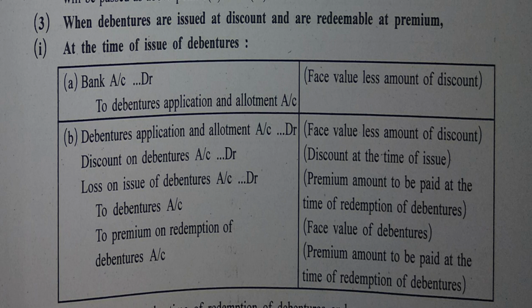I have explained this topic and we have also solved an illustration about the same topic, and then I gave you sum number 28 mostly about this topic. So thereafter we have understood an illustration about conversion of debentures.